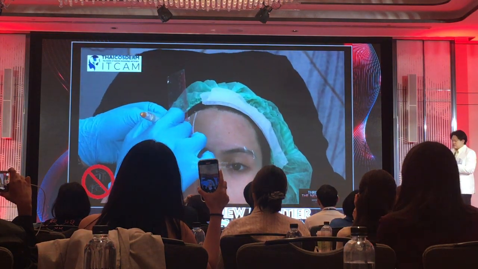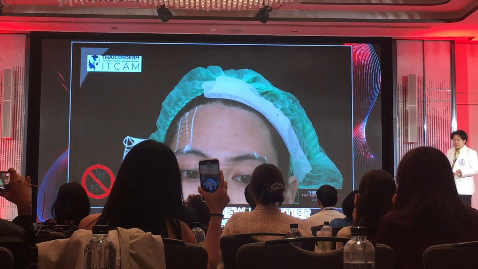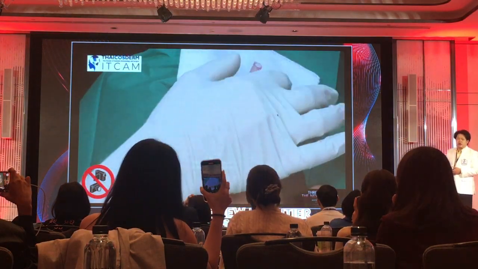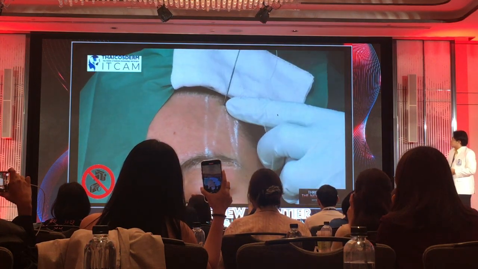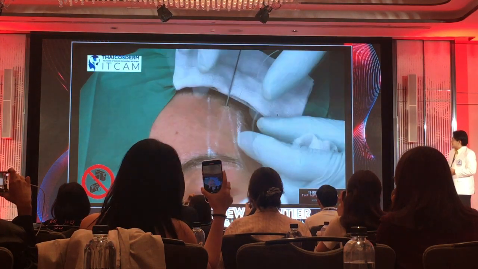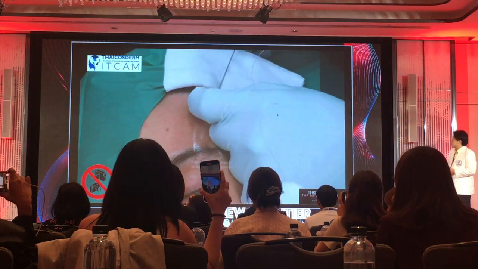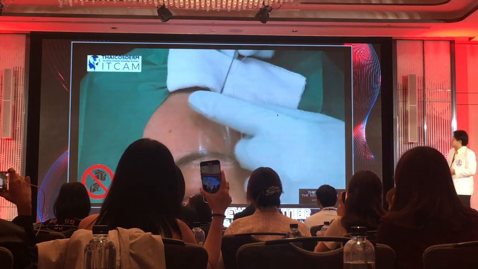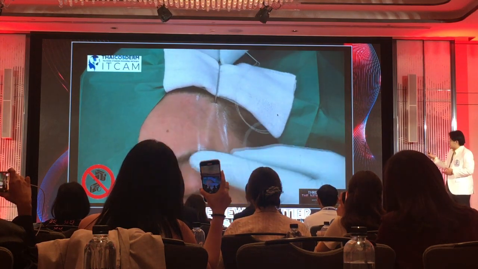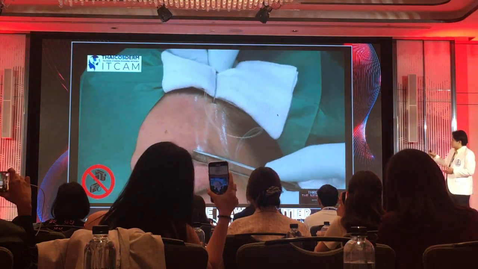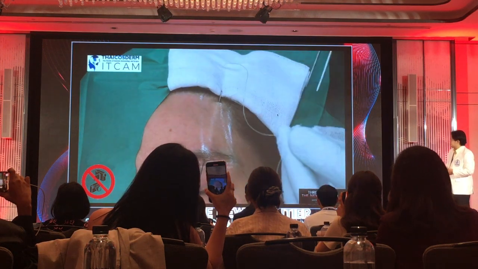And as we have learned this morning about the anatomy that Dr. Chan already mentioned. So now we go into the deep plane and we pinch the frontalis up. The needle goes beneath the frontalis fascia, and you see over there, I have to make a pinch to go to the superciliary arch.